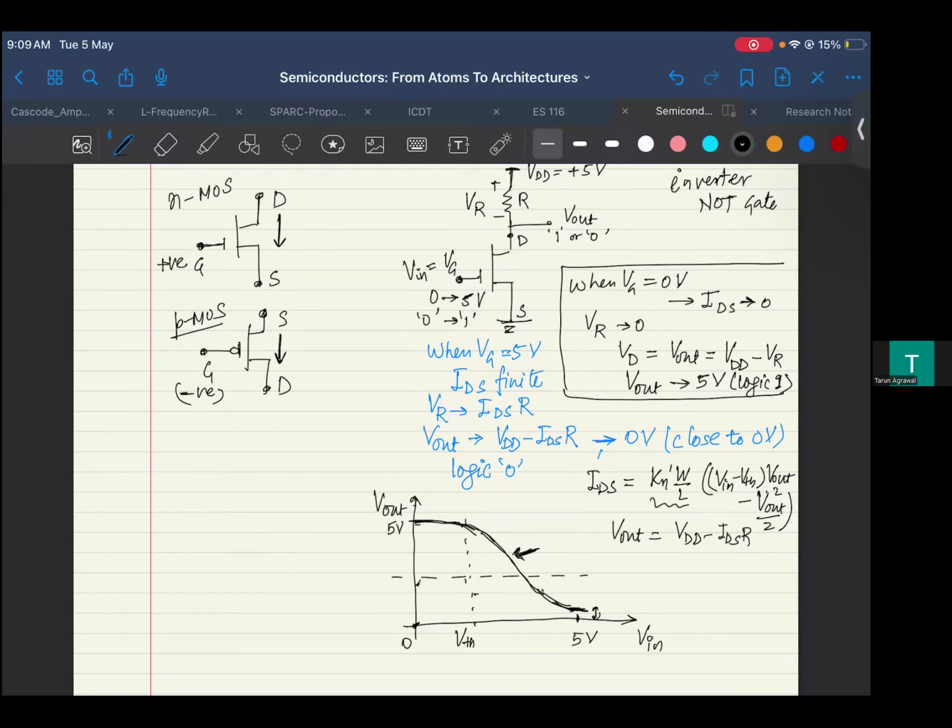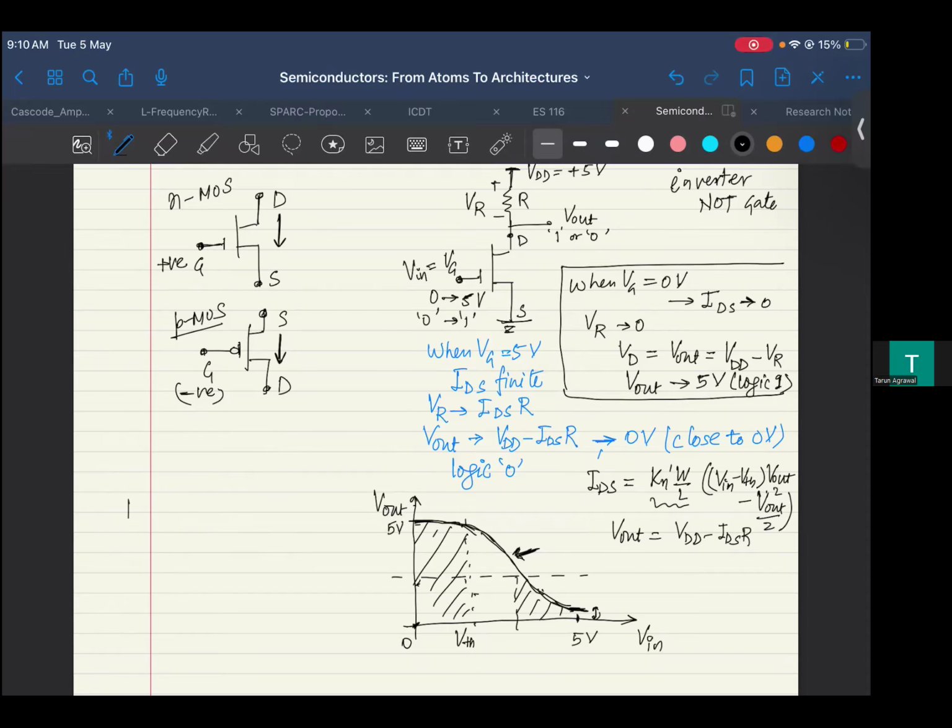In this part, whatever is coming is our logic 1, and in this part, whatever is coming is our logic 0. So then you see from this curve itself that VTH is a very important parameter which defines for what part you are having this as 5 volt, right? Here we see for what part you are going to have this as 0, and what is in between is the transition, which is dictated again by the parameters which are defining your current.